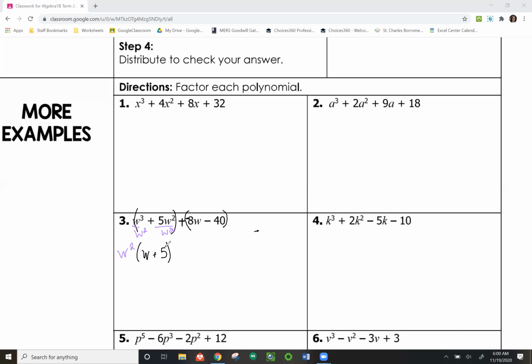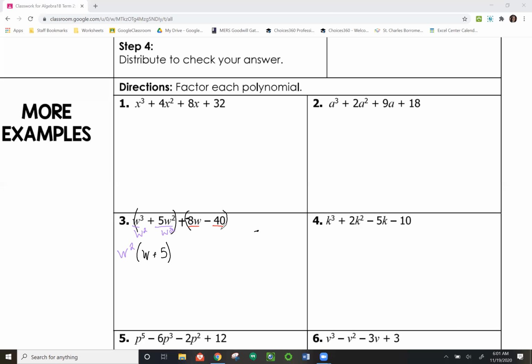So ideally, after we're done factoring a common factor between these two terms, I want there to be a w plus 5 left, okay, a positive w plus a positive 5. So I noticed that both of the terms in my second binomial are negative. How do we turn negative numbers into positive numbers?